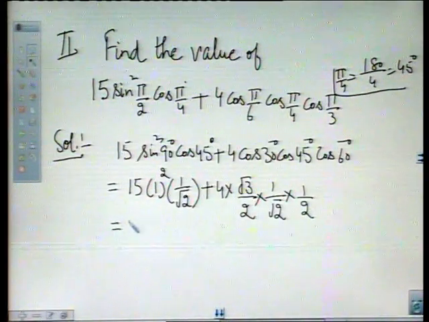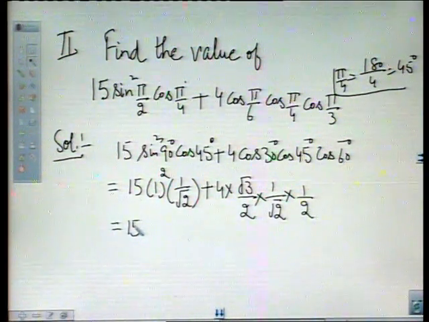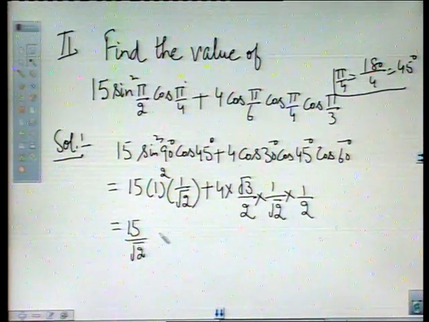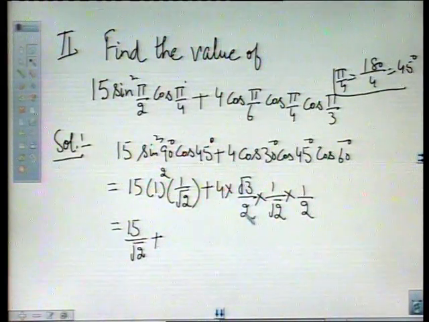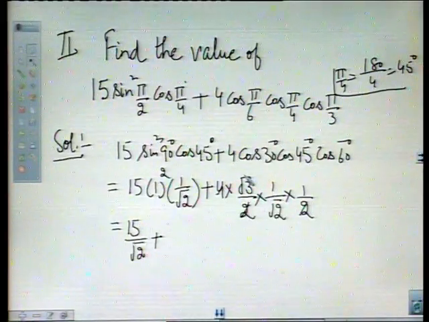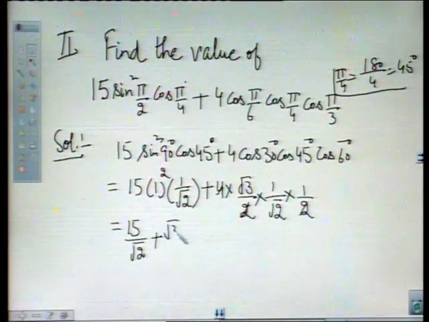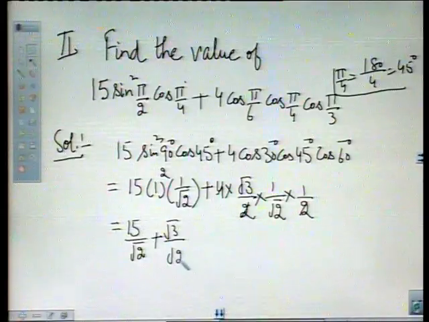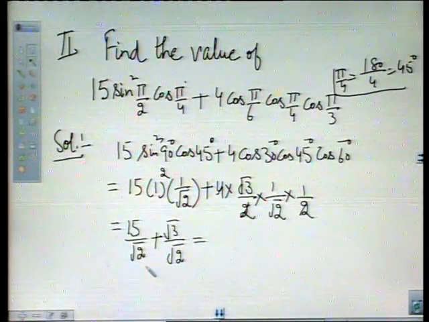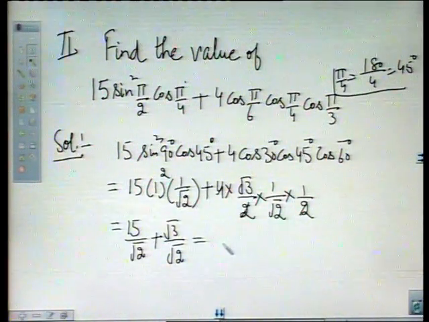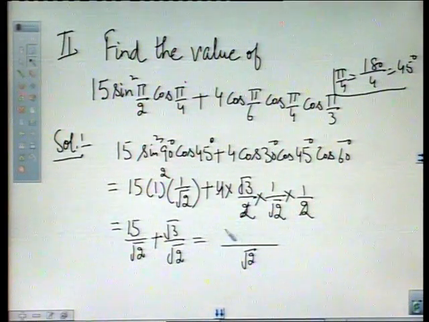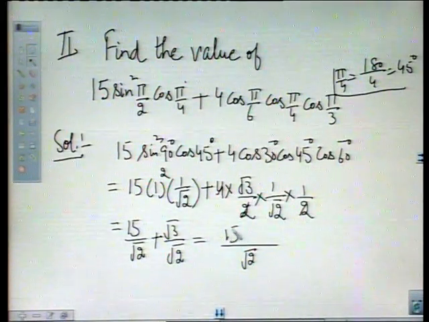What we get here? 1 square is 1, it will be divided by under root 2 plus, we know 2 here and 2 here, 2, 2, 4, this cancels down. We get this as under root 3 upon under root 2. Now, in the denominator we have both the values as under root 2. Our LCM comes out to be under root 2, and in numerator we get 1 plus under root 3.